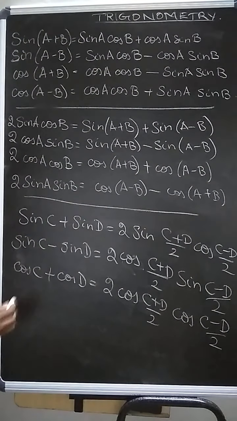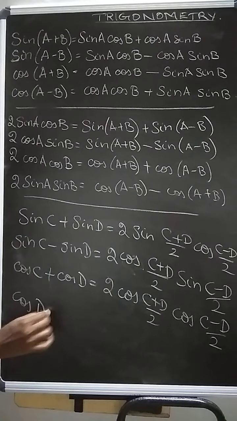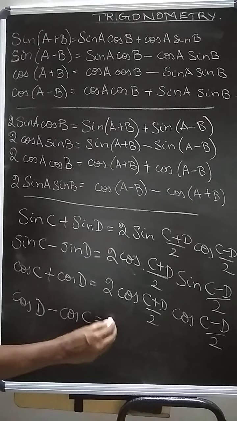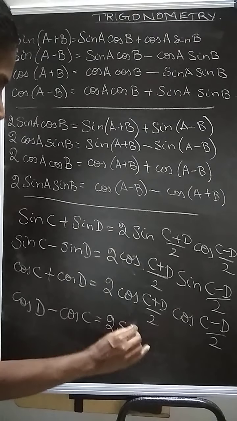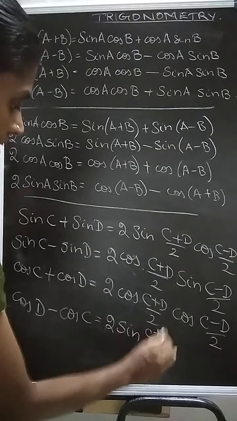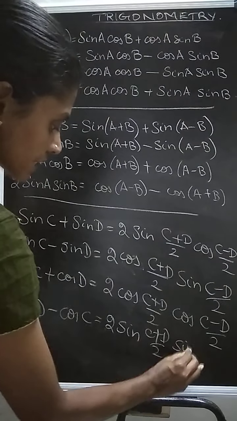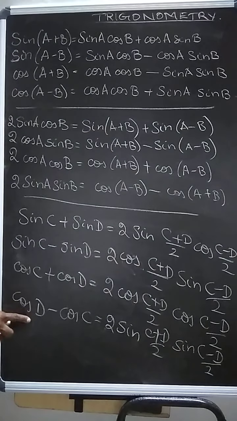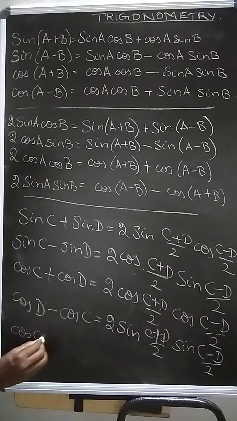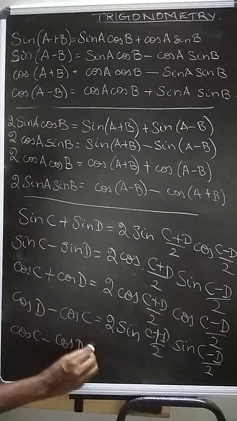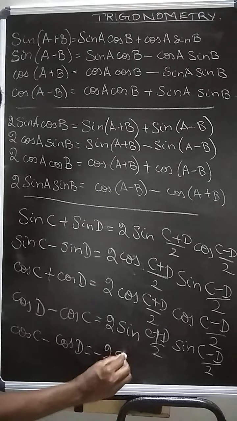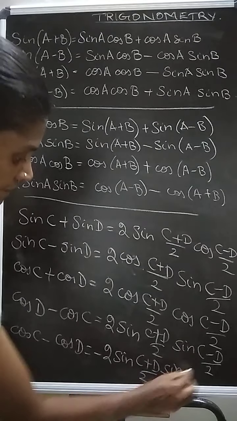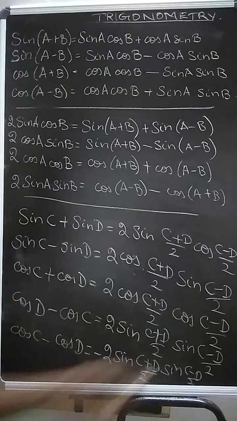Now here cos D minus cos C is equal to 2 sin (C plus D) by 2 sin (C minus D) by 2. Or you can also write this formula like cos C minus cos D is equal to minus 2 sin (C plus D) by 2 sin (C minus D) by 2.